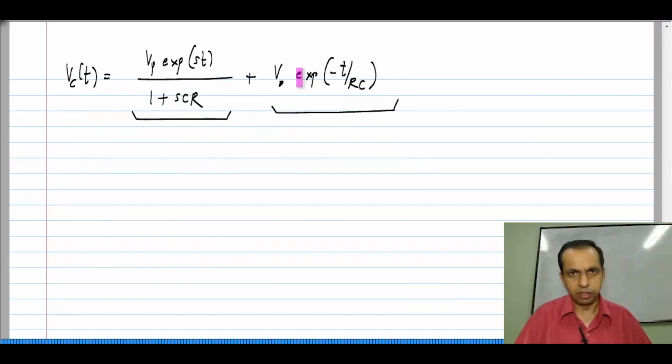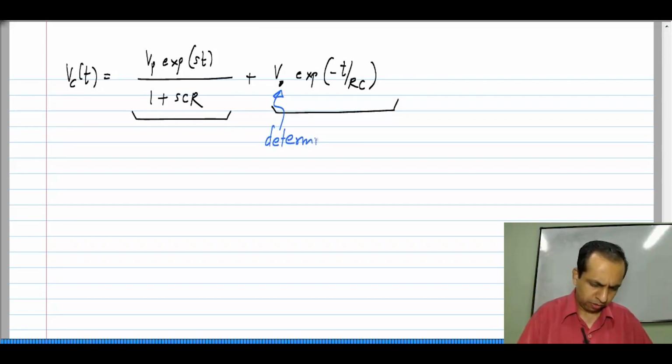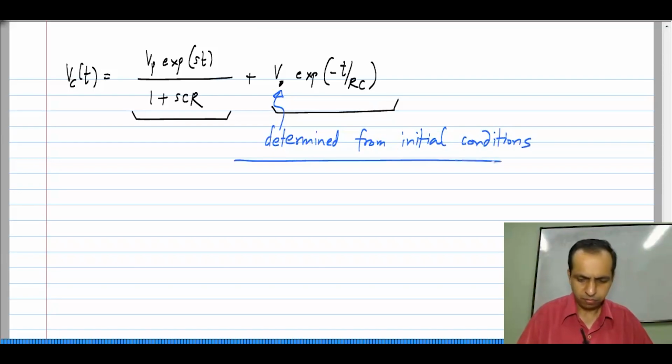So, we know that in general this constant here is determined from initial conditions. So, to do that, let us say the initial voltage on the capacitor is Vc of 0 plus.